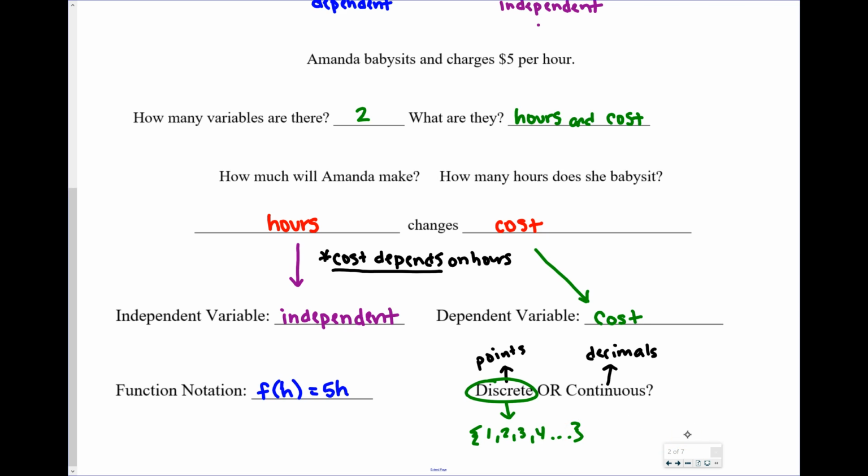I can't really get paid for, I can't charge Amanda, or she can't charge me for 1.23. Like if I'm gone for an hour and 20 minutes, she's probably going to charge me the 2 hours and round up. She's not going to figure out how to divide her $5, right? So this would be a discrete graph.